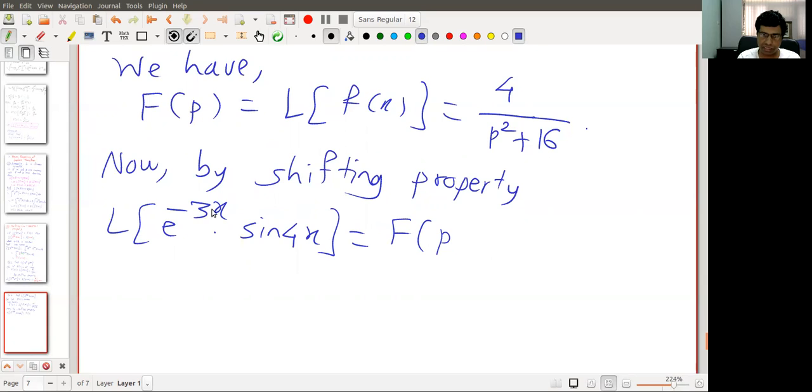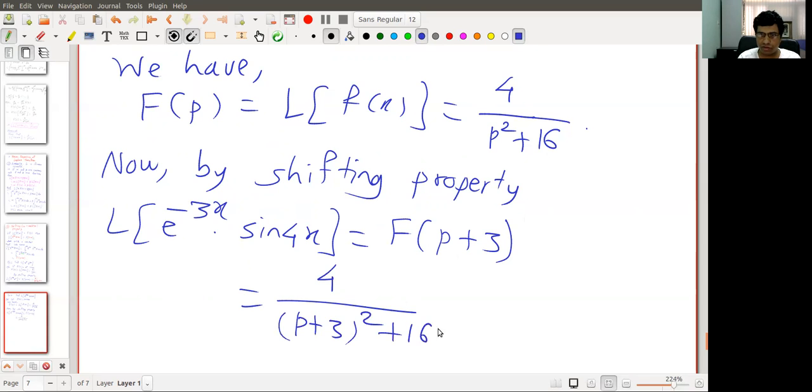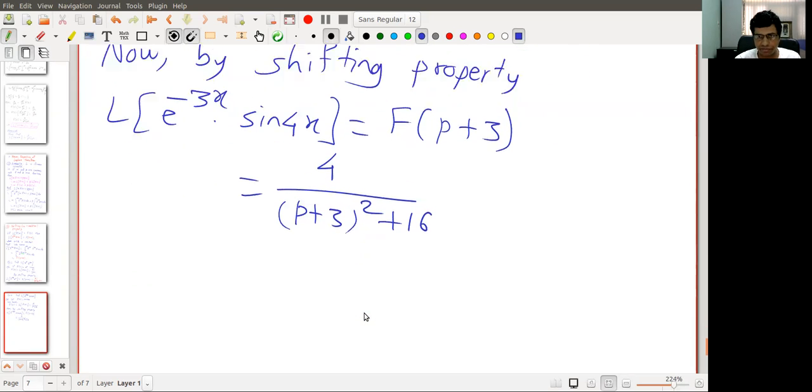Here a is 3, so p plus 3, and this is nothing but 4 divided by p square is replaced by p plus 3 square plus 16. Okay, and you can simplify this denominator, p plus 3 bracket square. So this is the required answer.